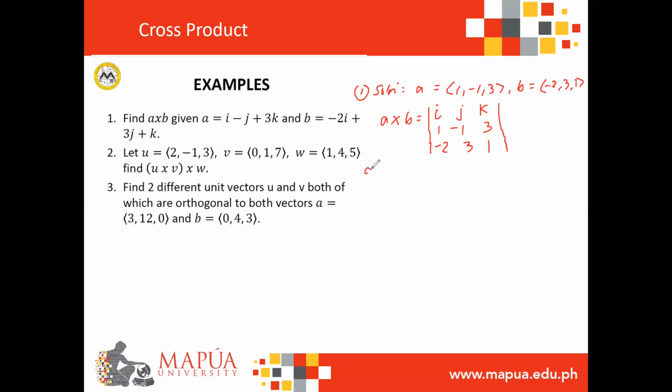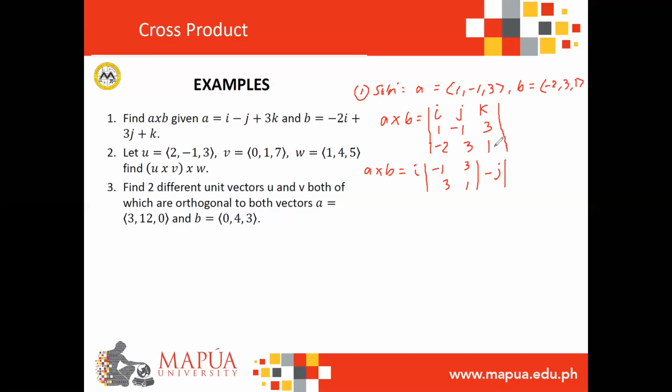Okay, so with that, we now have A cross B equals, let's get the factor i. Then let's identify the submatrix form. So delete the row and column containing i. We have the submatrix, which is negative 1, 3, 3, 1. Then you have j, but the sign is minus because the signs alternate positive, negative, positive. So it's minus j.